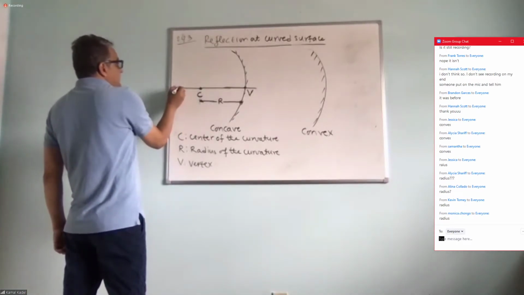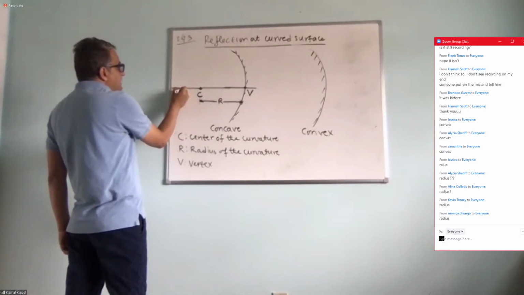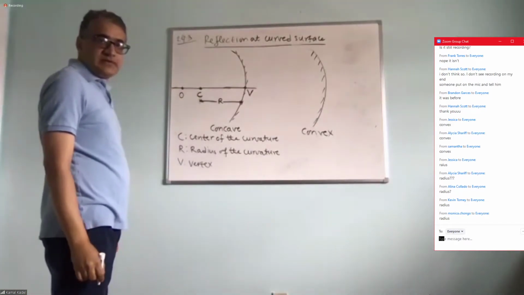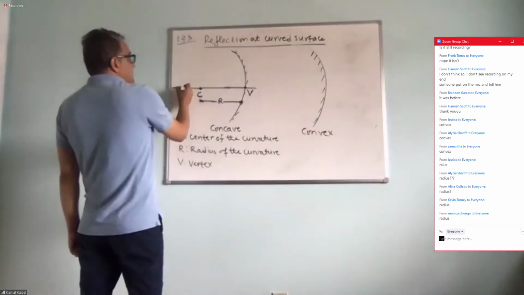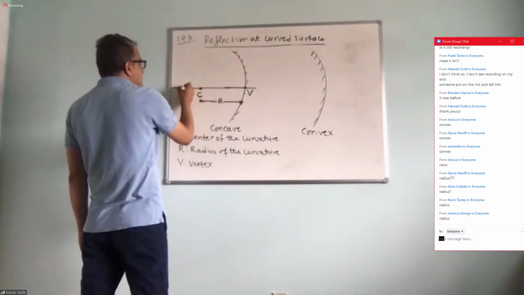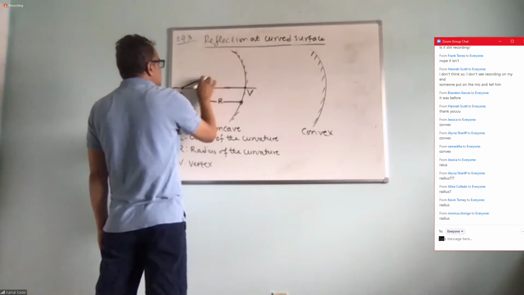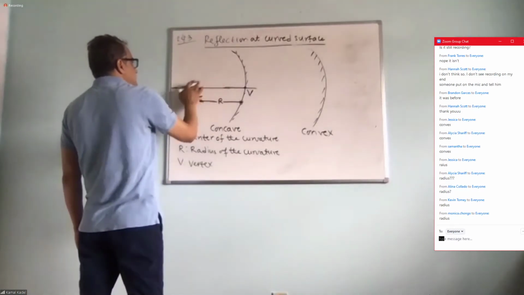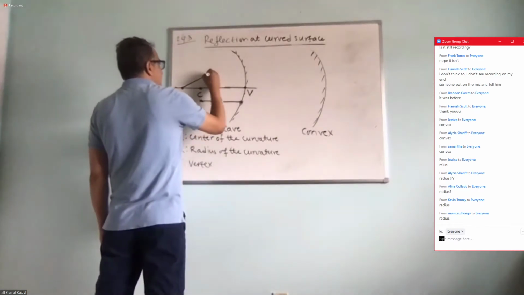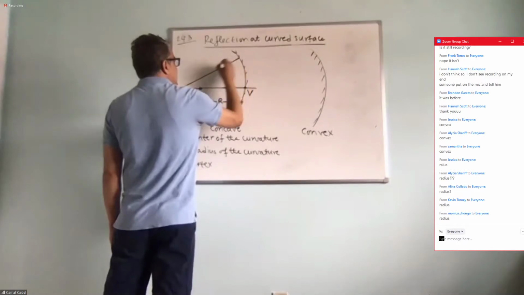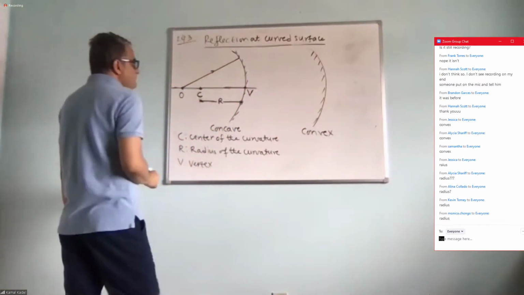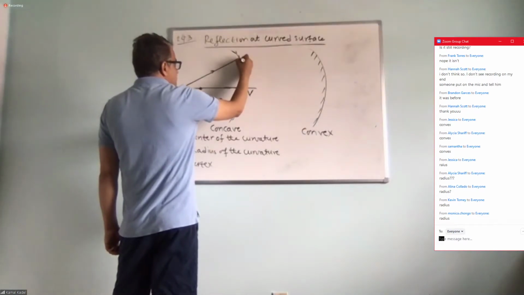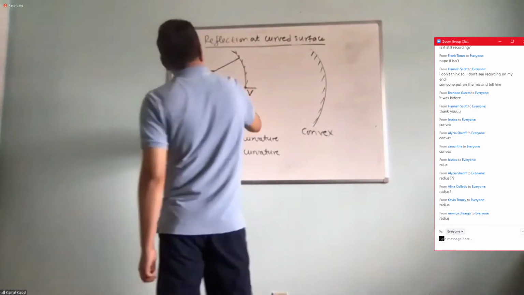Let's have a point object somewhere here. I have a point object O, right? And then this is the mirror here. So a light ray goes like this, a little bit up so that I have enough space, and strikes here. And then this will reflect back, making these two angles the same.